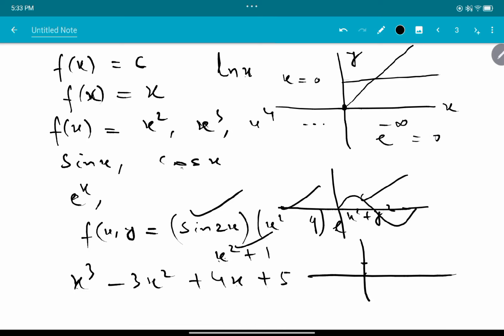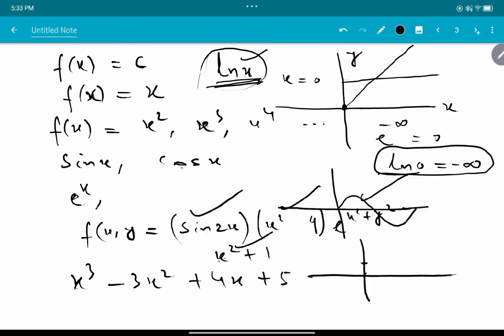That means if you change this into log, then log 0 to the base e is equal to minus infinity. But minus infinity is something which we don't count as a number. So log 0 is not defined. Except for this, if x is greater than 0, then it is defined. So for all x greater than 0, log x is a continuous function. This was something about continuity of functions.